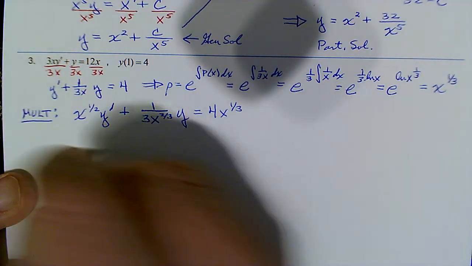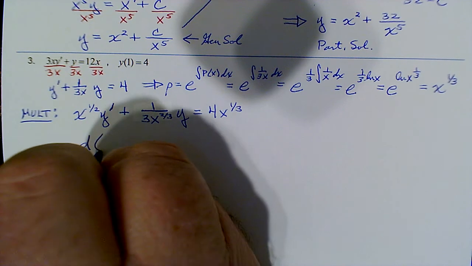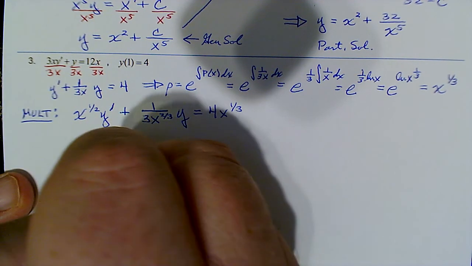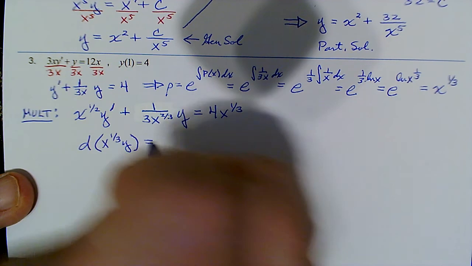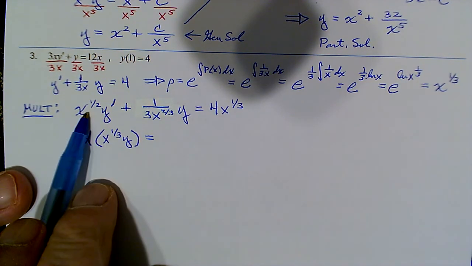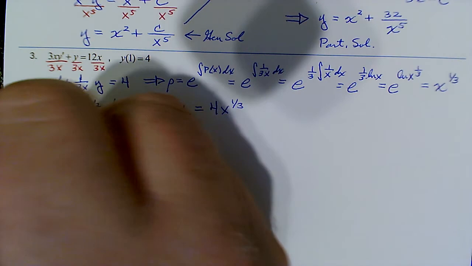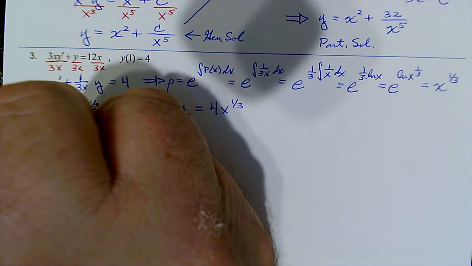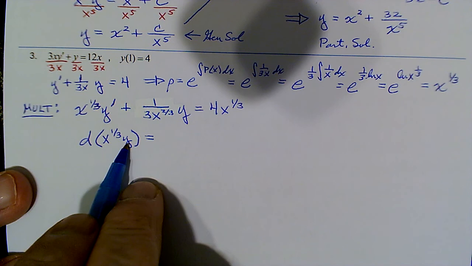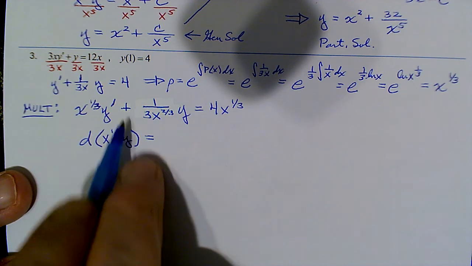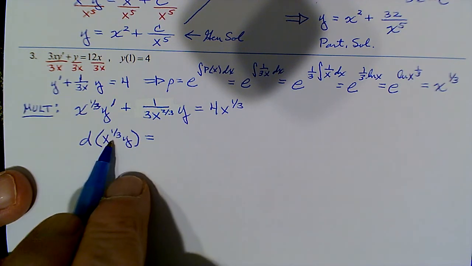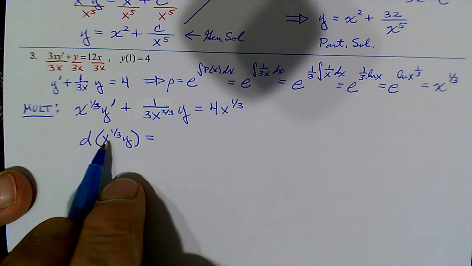Okay, now we know the derivative of the product, x to the 1/3 y. You could verify that again. Here's the first factor, x to the 1/3, that is. Looks like I wrote a 2 there, but it's a 3. First factor, derivative of the second y prime, plus second factor y, derivative of the first, derivative of x to the 1/3, 1/3 x to the negative 2/3.